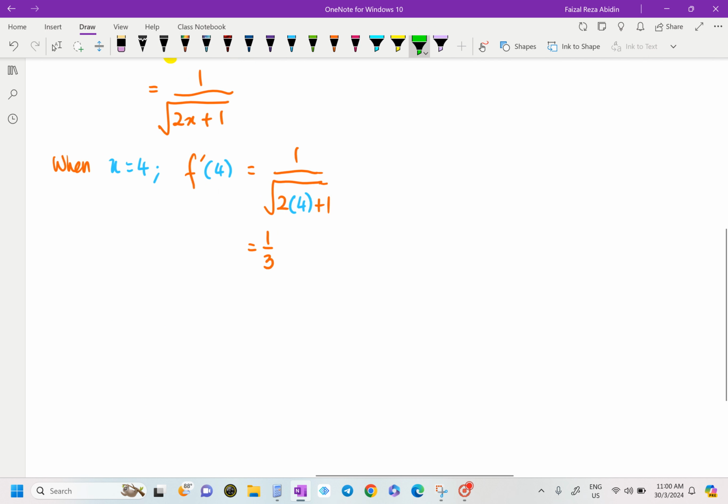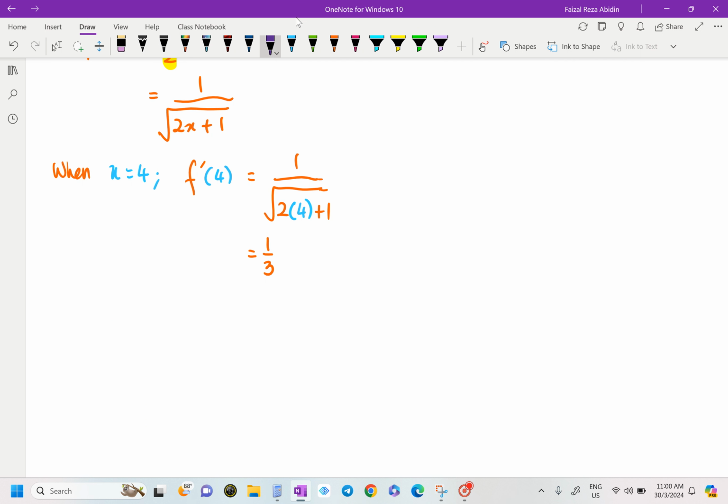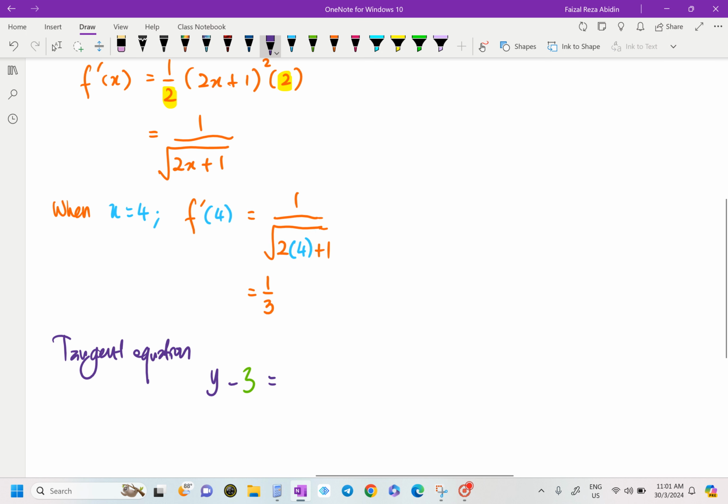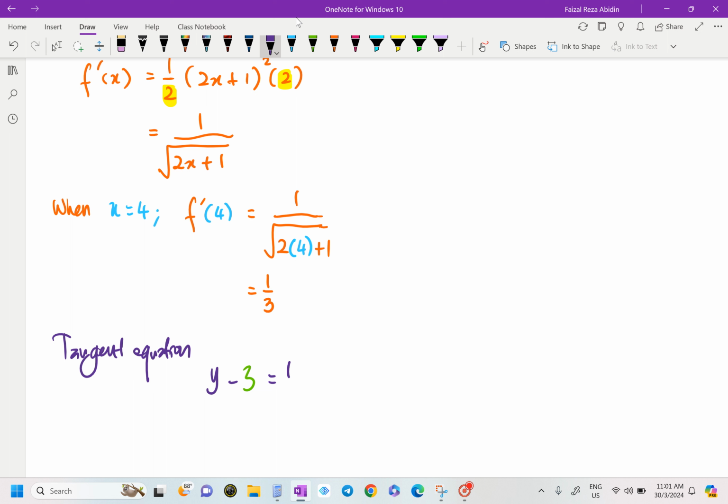So we are going to have our tangent equation: y minus 3 equals the first differentiation, 1 over 3, times x minus x1, which is x minus 4, right?